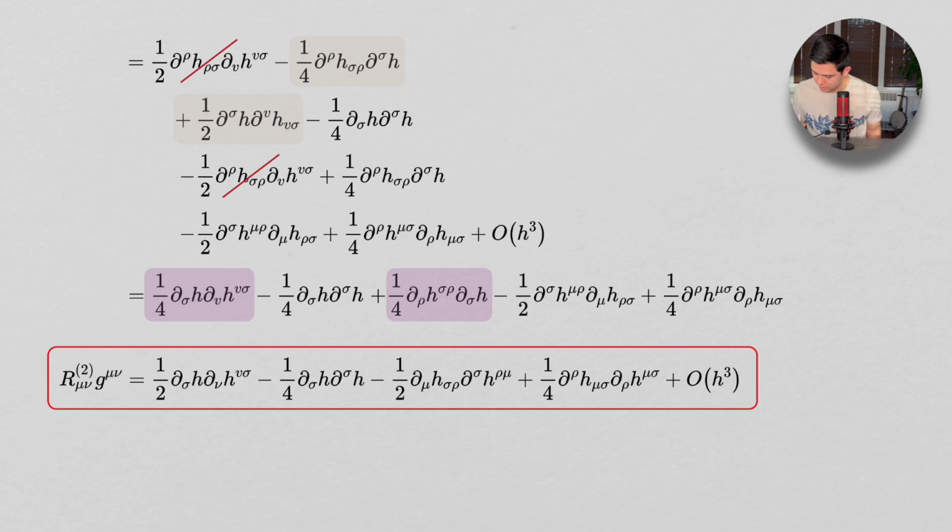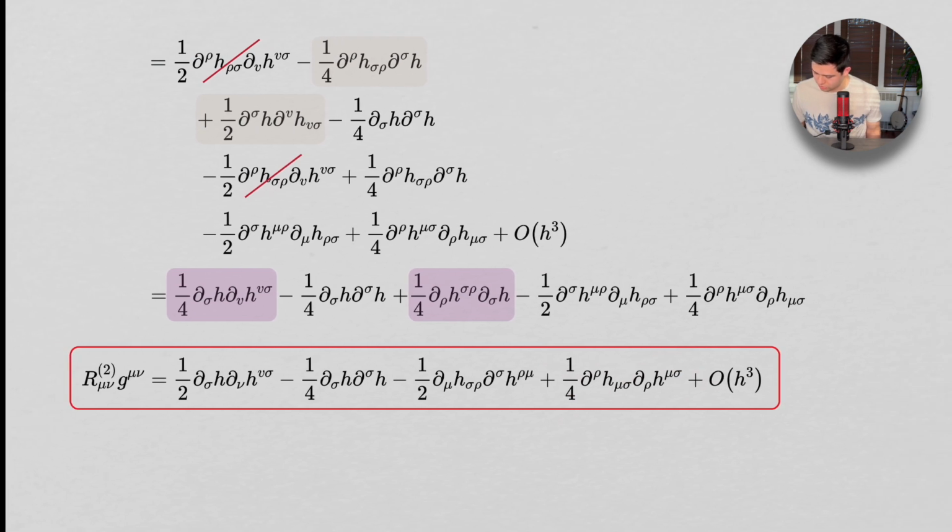That's what it looks like, what's going on here. And then, yeah, so this term is this term right here. And then this term here, rho, sigma, rho, rho, mu, sigma, right? So this term looks like this term right here.